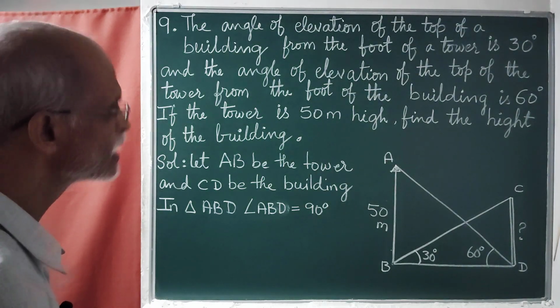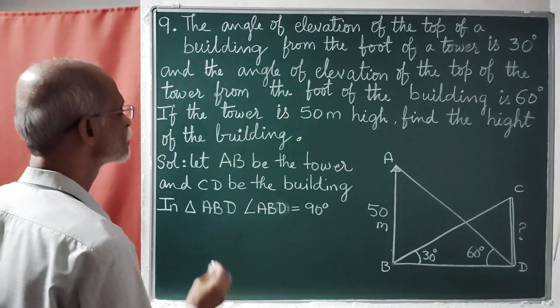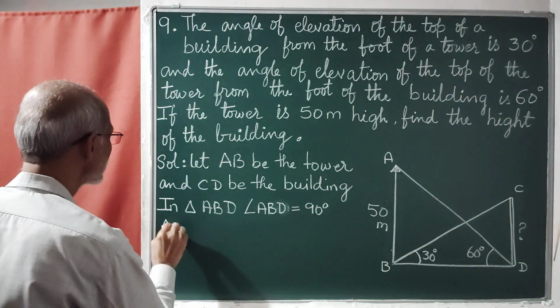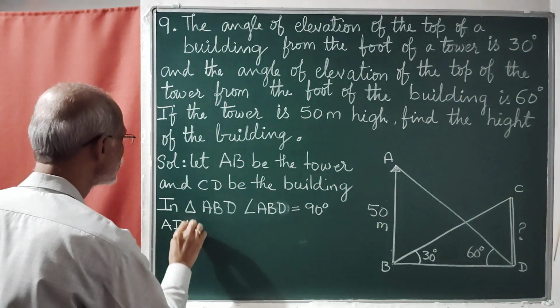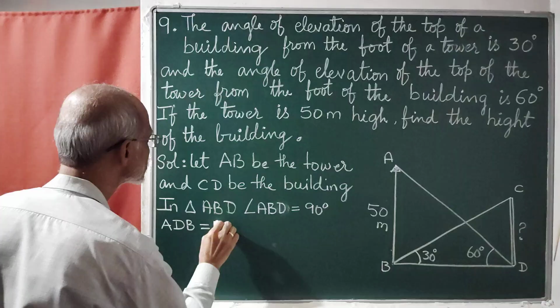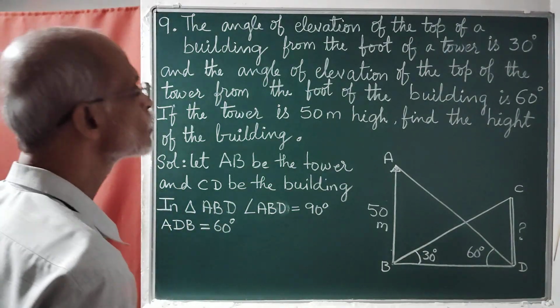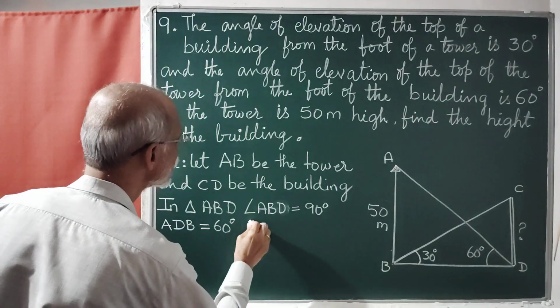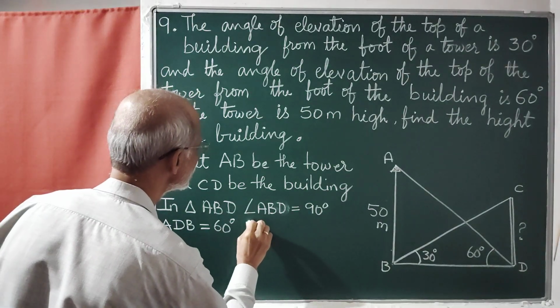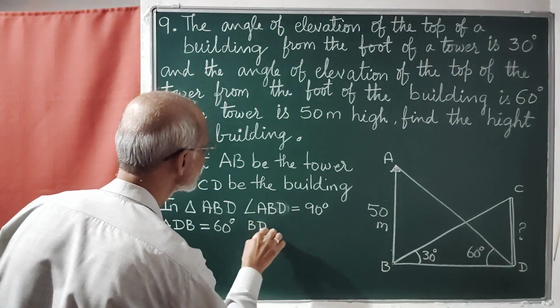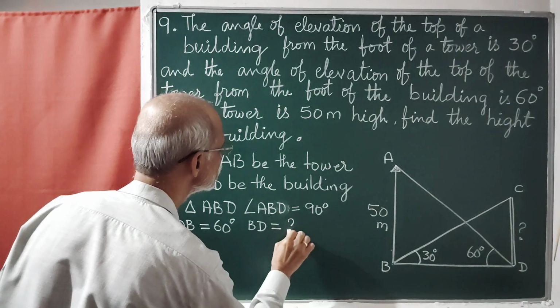Then angle ADB is equal to 60 degrees. And now you will find BD in this triangle. You will find BD first.